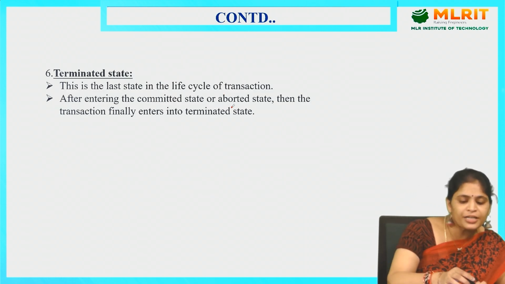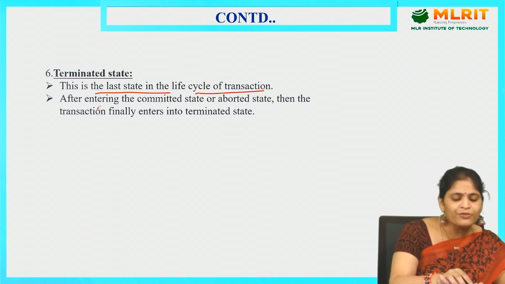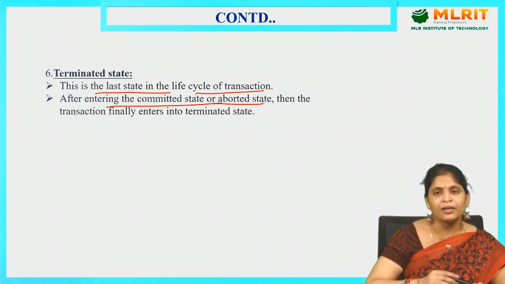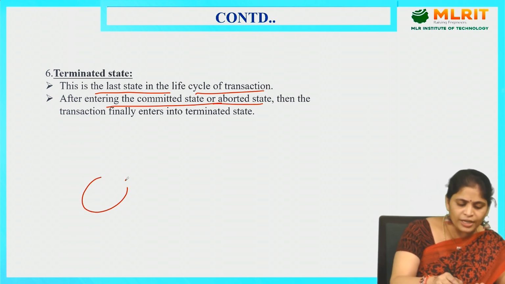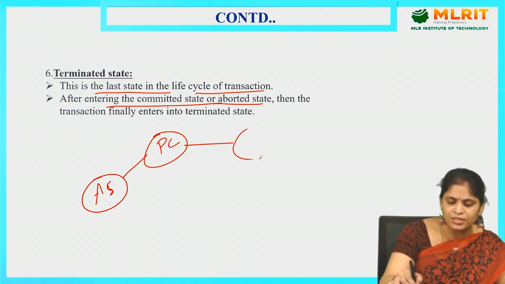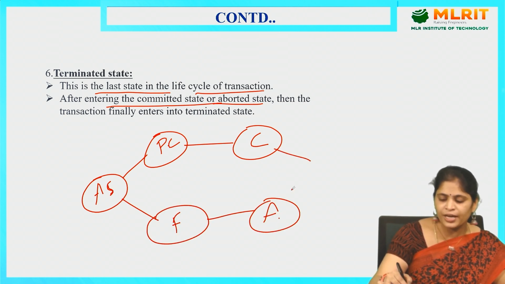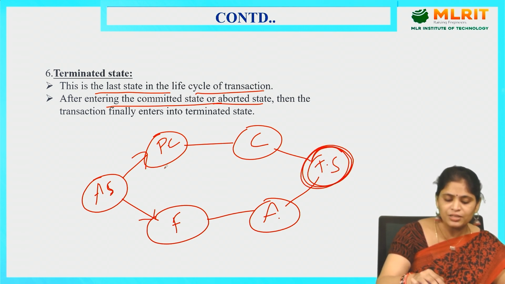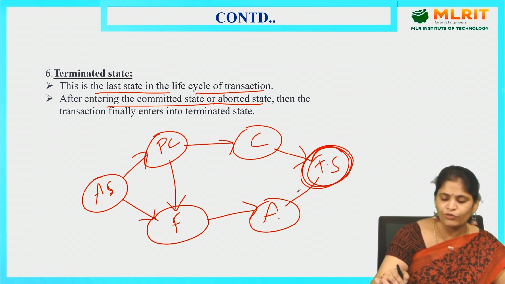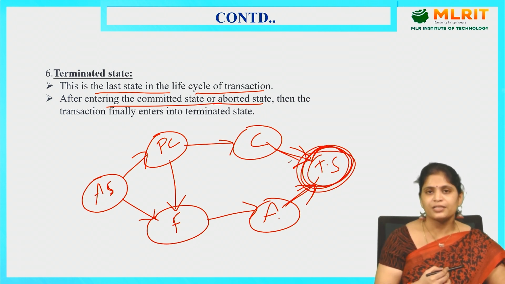Next, terminated state. What is the terminated state? This is the last state in the life cycle of a transaction. This is the active state, this is the partially committed state, this is the committed state, this is the failed state, this is the aborted state, and this is the terminated state. These are the sequential steps we follow. After the committed state or after the aborted state, this is the last, final state of a transaction.